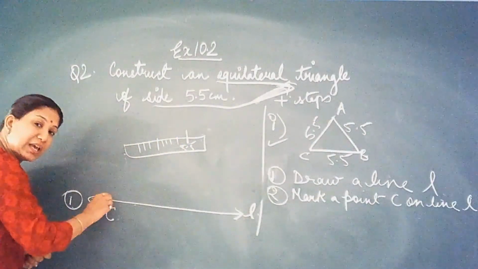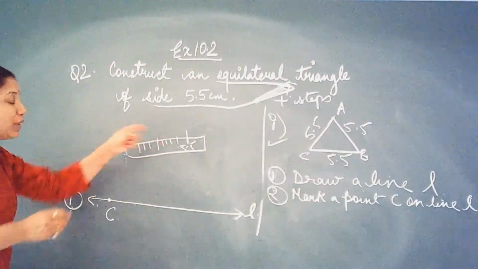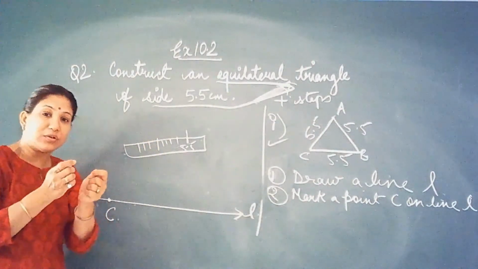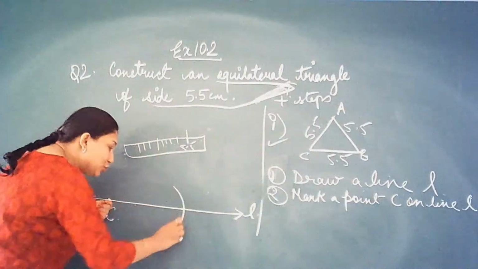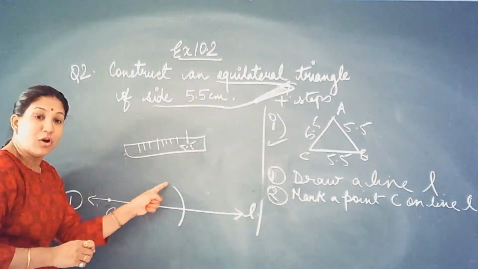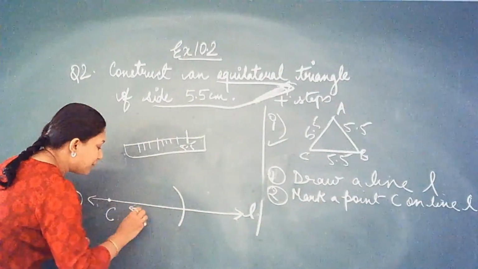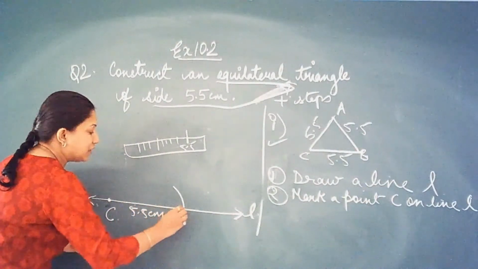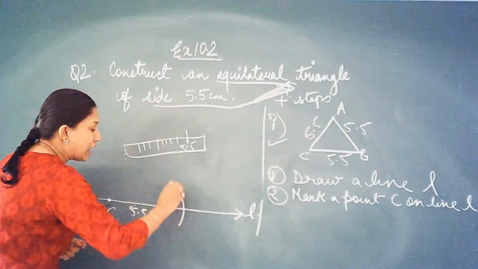And taking C as center, the third step is what we have done: we have measured 5.5 on the compass using the ruler, and taking point C as center, draw an arc on line L, and this is my 5.5 centimeters. Label this point of intersection of the line and the arc.